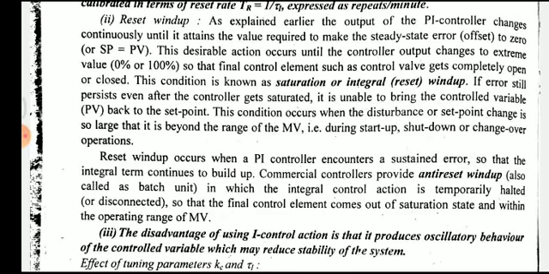If error still persists even after the controller gets saturated, it is unable to bring the control variable PV back to the set point. This occurs when the disturbance or set point change is so large that it is beyond the range of MV during startup, shutdown or changeover operations.